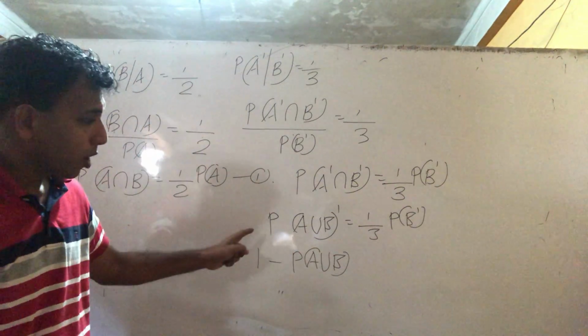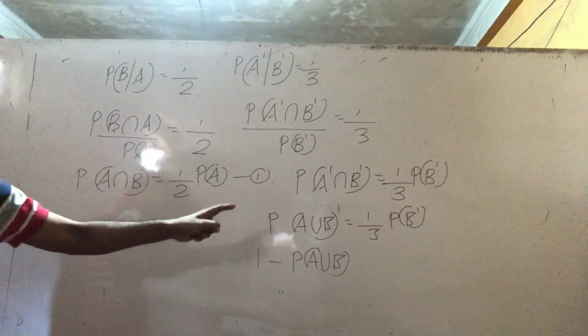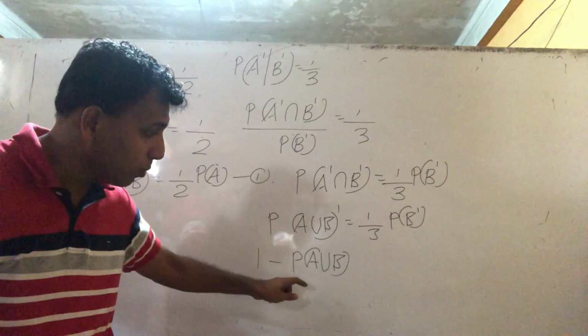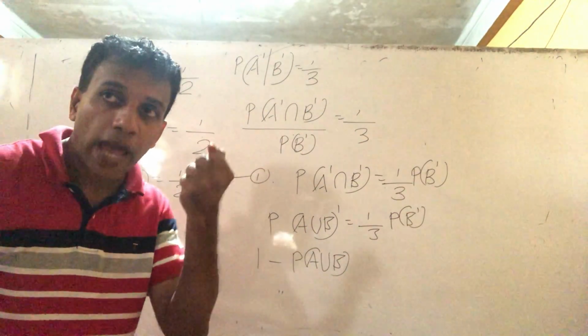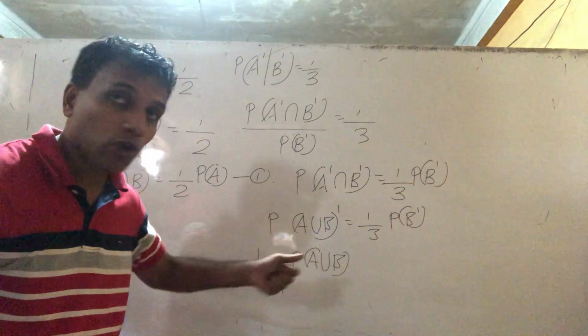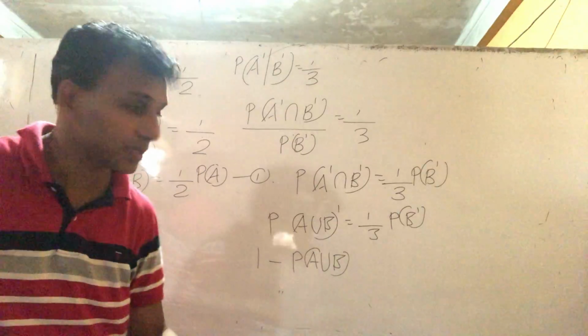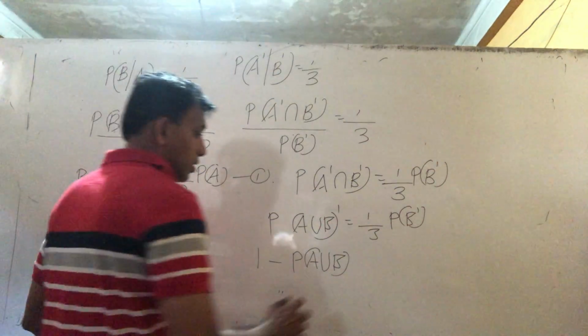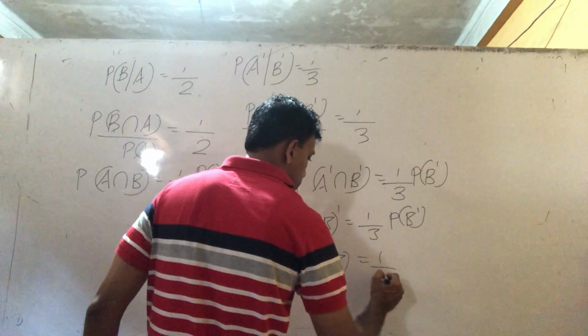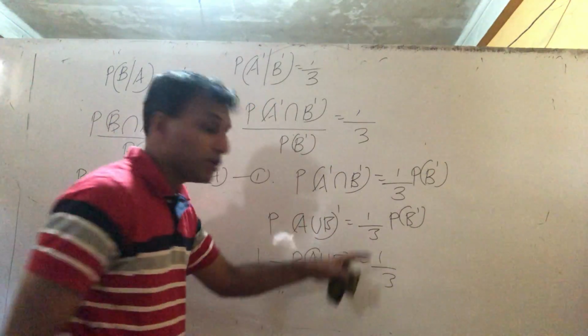That probability of A union B dash is 1 minus the probability of A union B happening. A and B not happening is, from 1, subtract A and B happening. Equal to 1/3. What is PB dash?